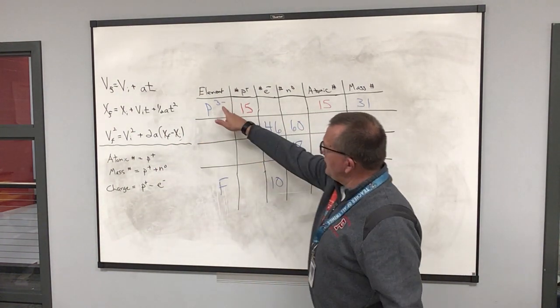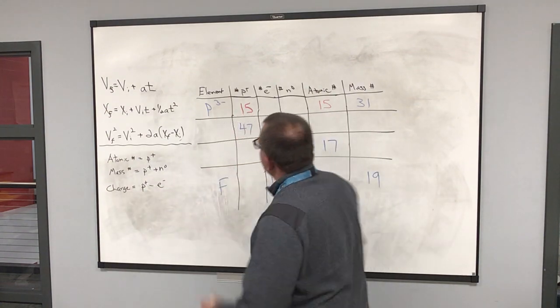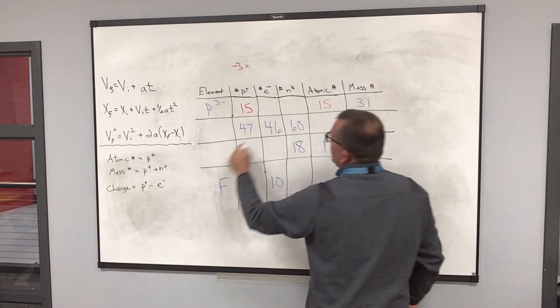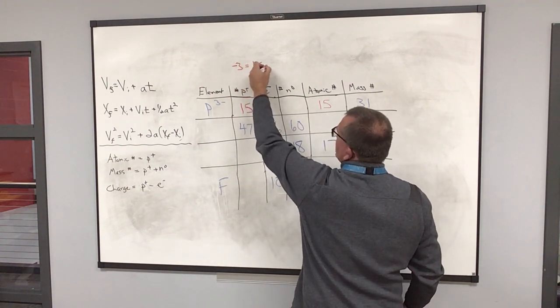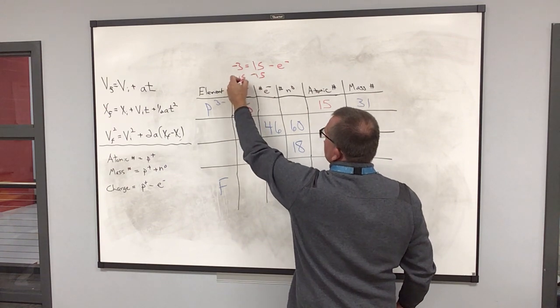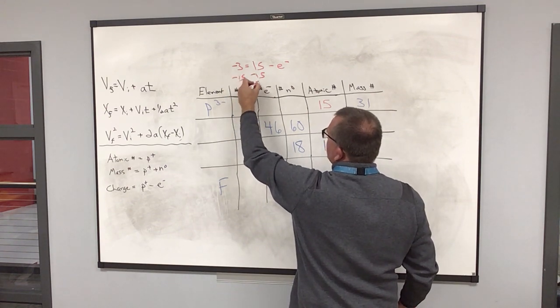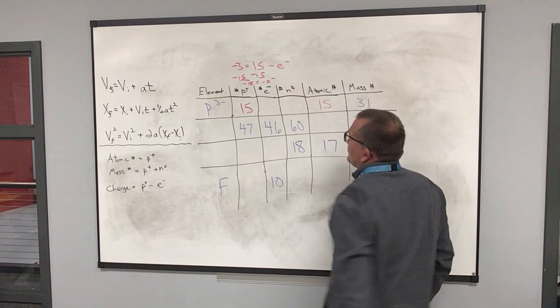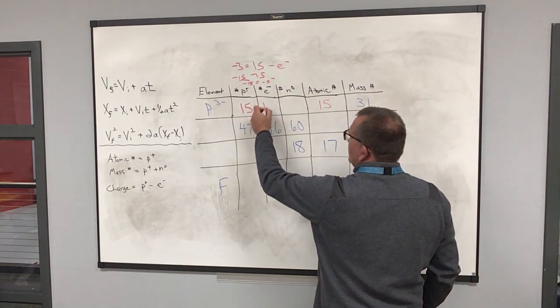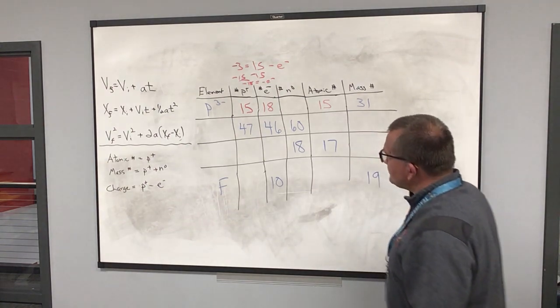The charge is -3, so if my charge is -3, that equals protons minus electrons. I have 15 protons minus electrons. So I subtract 15, and I get -18 is equal to my negative number of electrons. So that means I have 18 negative charges, which means I have 18 electrons.